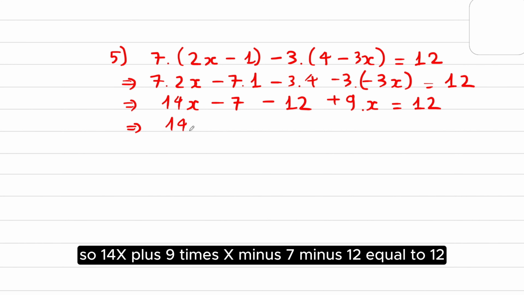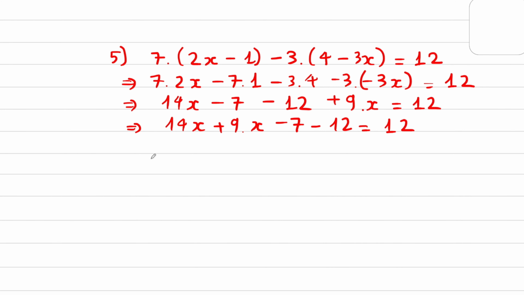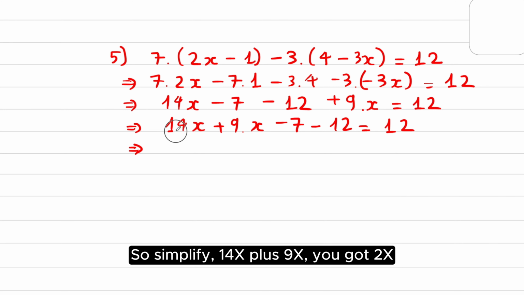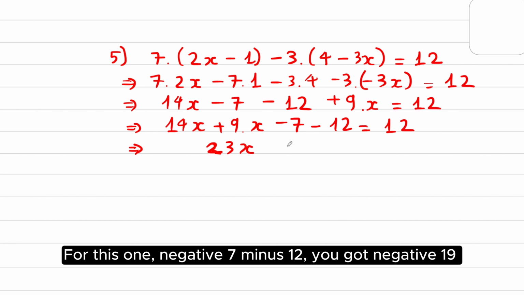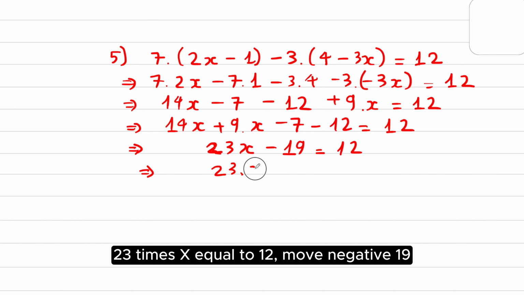So 14x plus 9 times x minus 7 minus 12 equal to 12. Okay, so simplify 14x plus 9x, you get 23x. For this one, negative 7, negative 12, you get negative 19. 23 times x equal to 12.